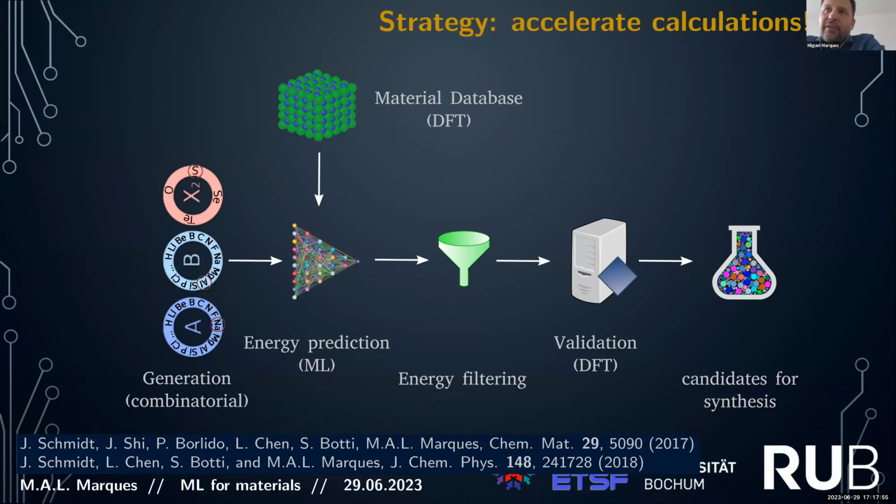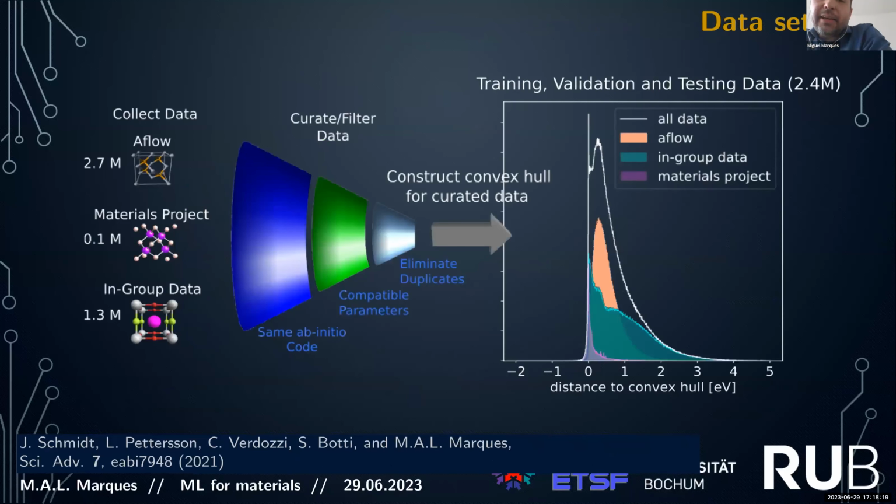Then we will filter them out again according to some property. We will go back to that also later. And then the ones we find interesting in some respect, we propose them for synthesis or further studies. So that's the basic idea. That's not very complicated. The devil is in the details, like we say, and let's look a little bit more into the details. First of them, the data set. To do this kind of general study, we need a lot of data.